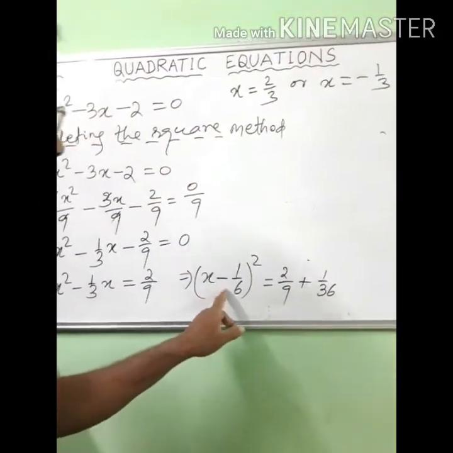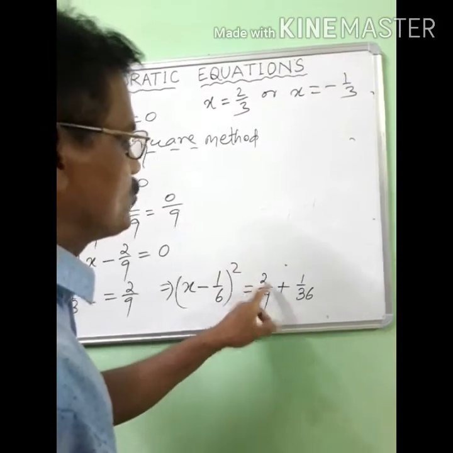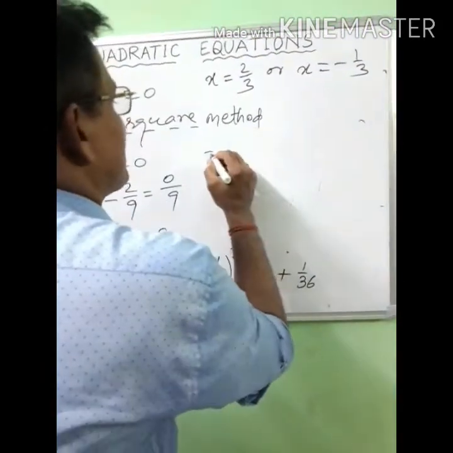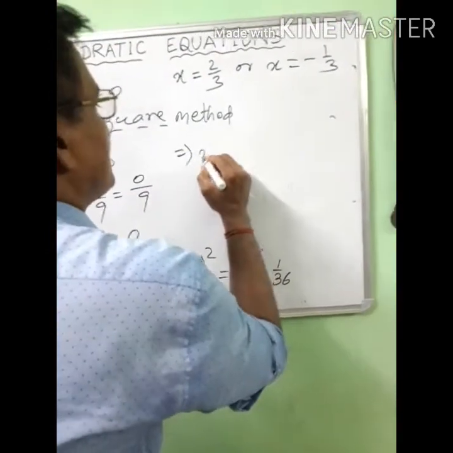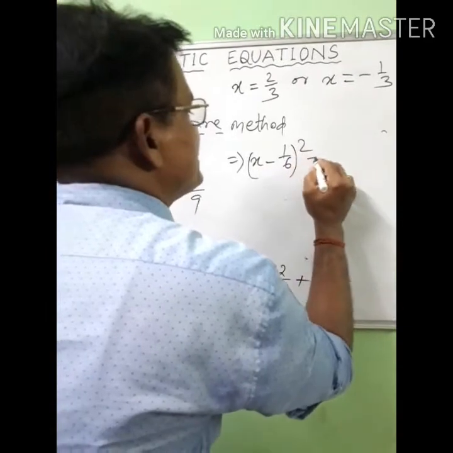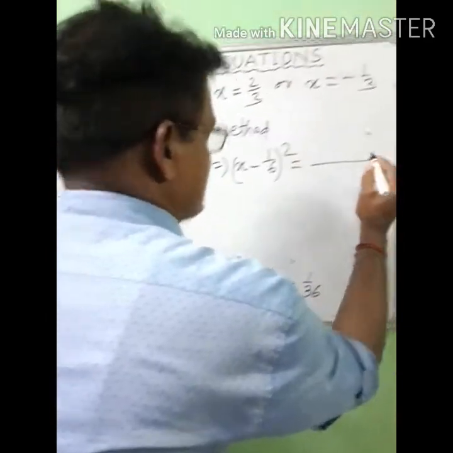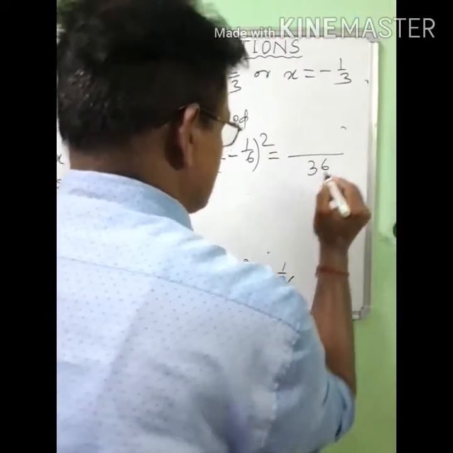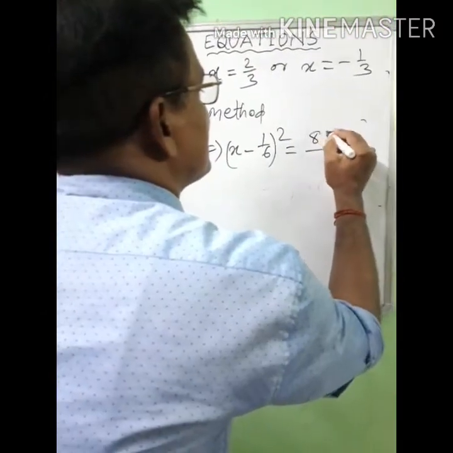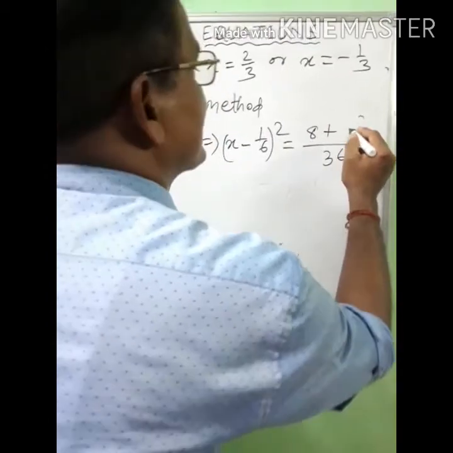So x minus 1 by 6 whole square is equal to 2 by 9 plus 1 by 36. That implies x minus 1 by 6 whole square is equal to, take the LCM, 36. So 9 4s are 36, 4 to the 8, plus 1.